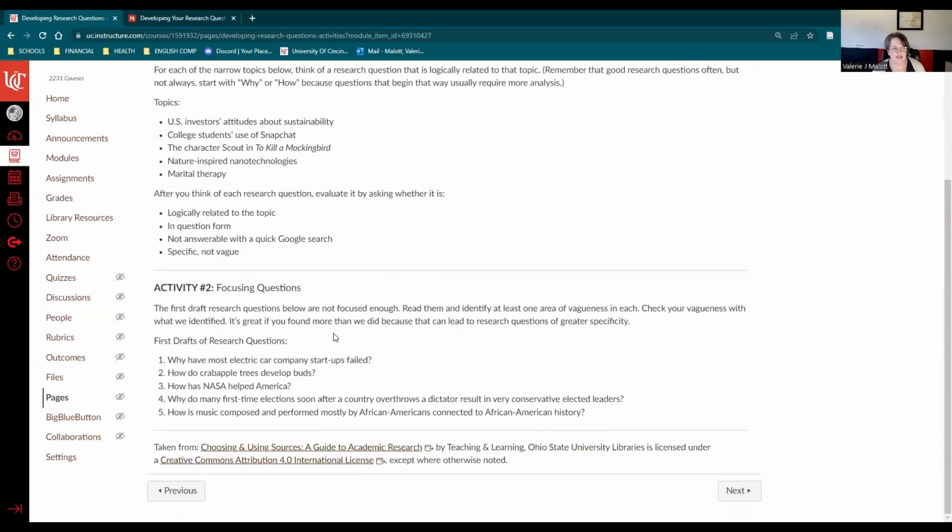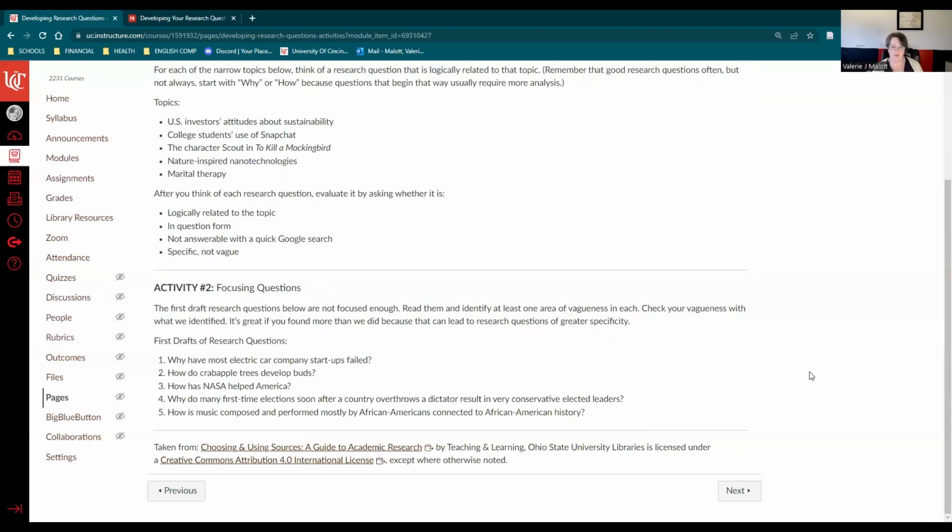The second activity down here is focusing questions. So these have some first draft research questions, some of which might not be very good, right? First drafts, as we learned early in the semester, there's always the shitty first draft, right? So these first draft research questions don't have enough focus. So I want you to take a look at them, read them, identify at least one area where they might be vague.